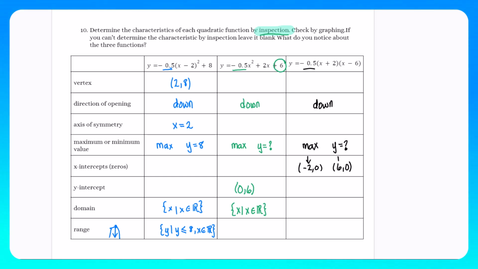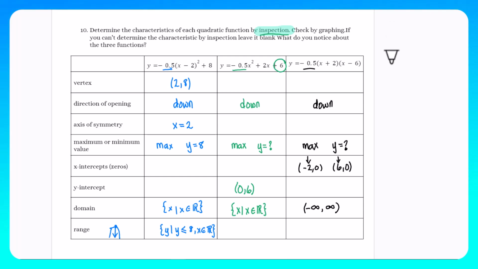Remember, the x-coordinates are the zeros of the function. They make it equal to 0. If you plug them in, the whole thing goes away to 0. Let's write the domain in interval notation. But we do not know the range of this one right here.